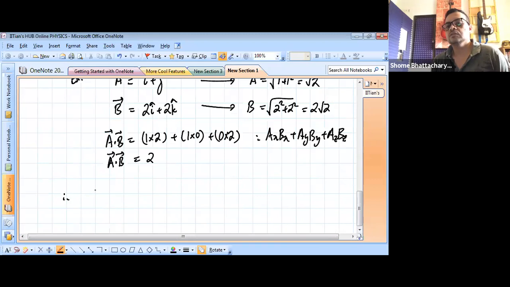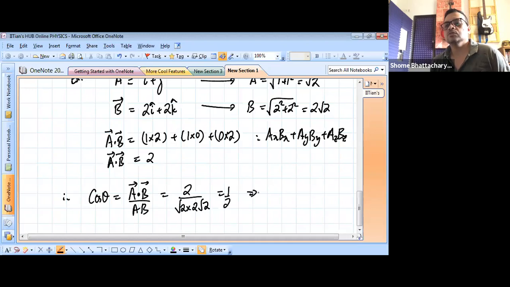So therefore, cos theta, which is A dot B divided by the product of the magnitudes A into B, becomes 2 divided by root 2 times 2 root 2. So it becomes 1 by 2. So theta is cos inverse of half. So theta becomes 60 degrees.